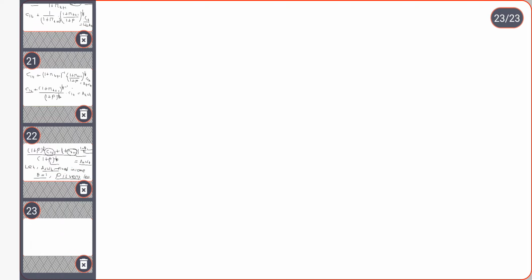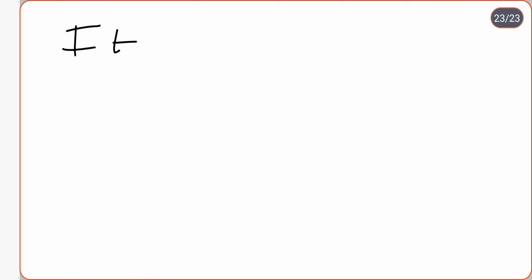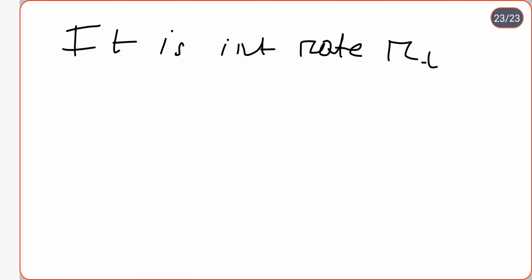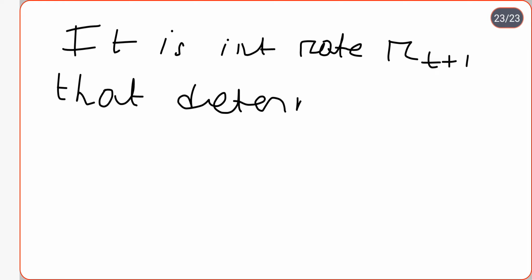So I can write it as: it is the interest rate rt plus 1 that determines c1t. I hope it is clear.